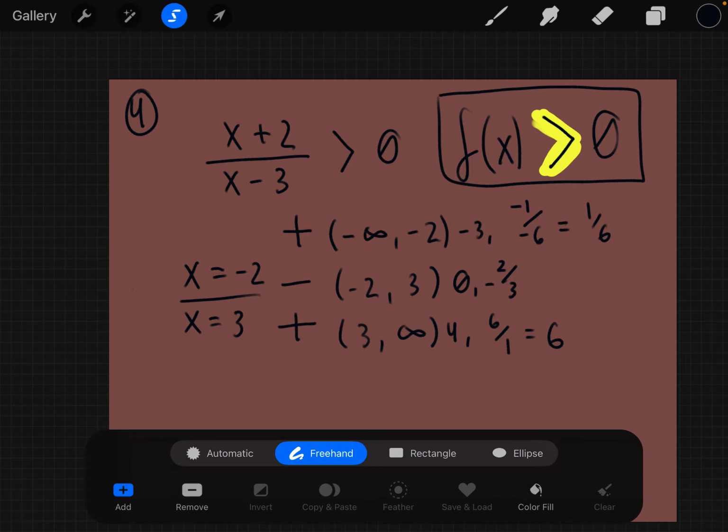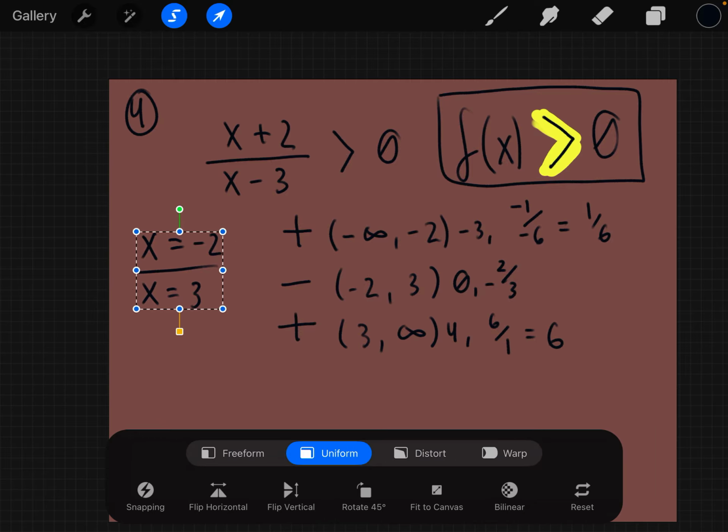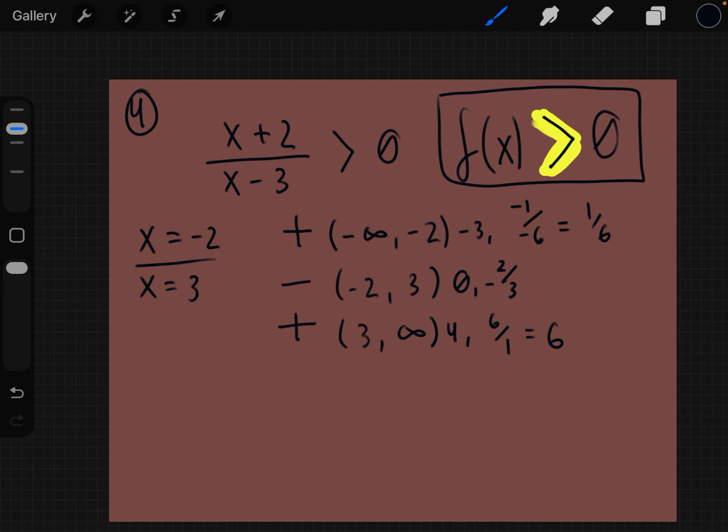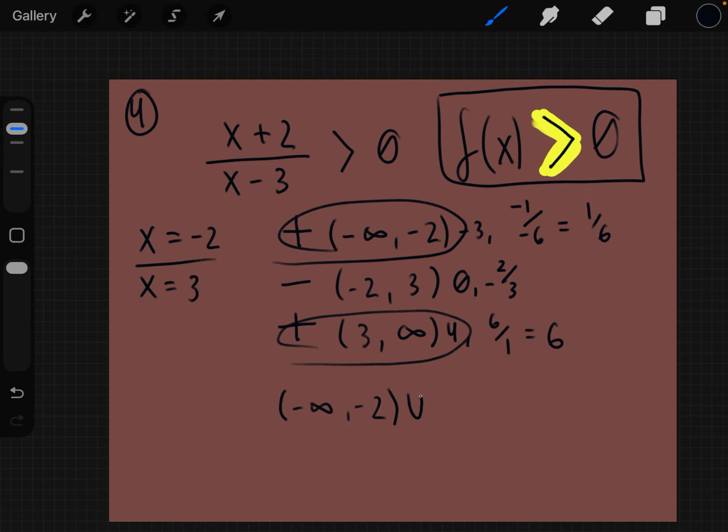Positive. Okay. So we've got greater than, so we want to pick the positive ones. And it's not greater than or equal to, so we're going to exclude these values.